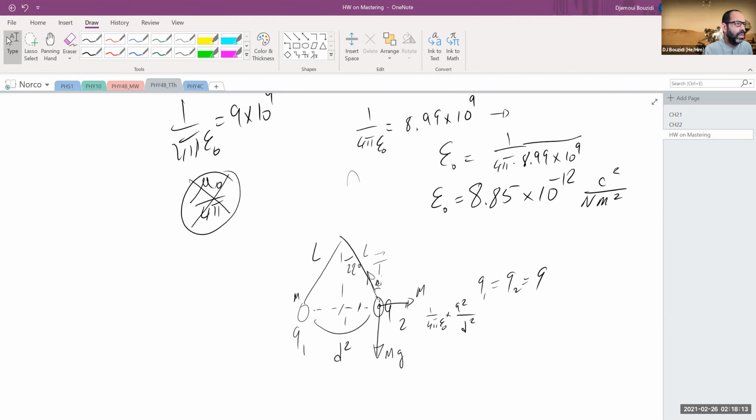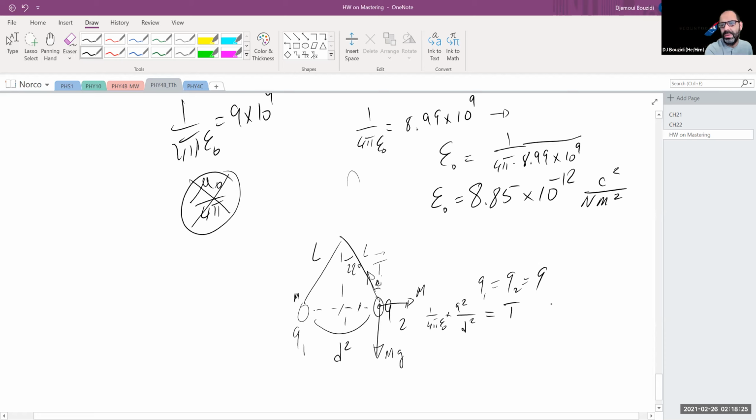And the second question is draw it for the right one. So you draw both of them, and then find the charge Q. You're going to equate everything. This force must be equal to the tension times sine of 22 degrees. You don't know what T is, that's fine. Mg is equal to T times cosine of 22 degrees.